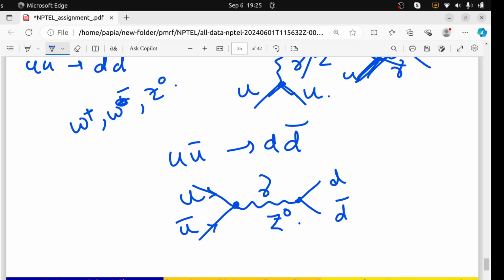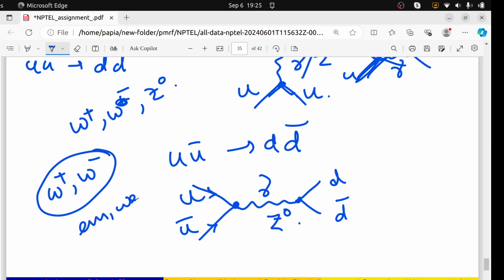One more thing: W+ and W- will not be the mediator when the interaction is both EM and weak. Because if EM is there, gamma will be there, and if gamma is there, W+ W- cannot be there because these are charged particles. So only Z0 is possible to interact.